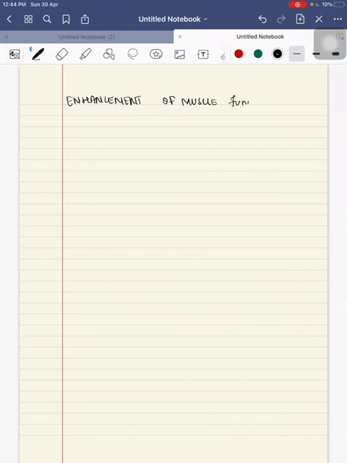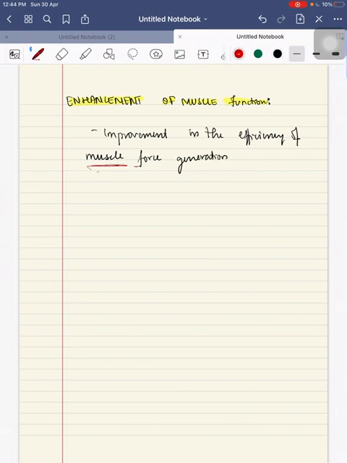Next is enhancement of muscle function. Improvement in the efficiency of muscle force generation is also a target here in the treatment of SMA.